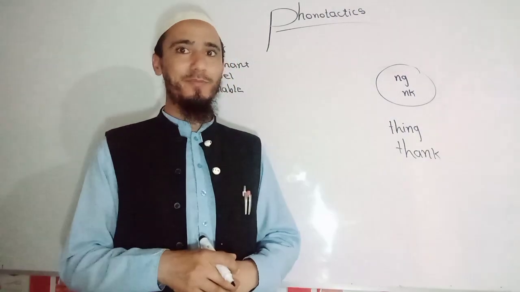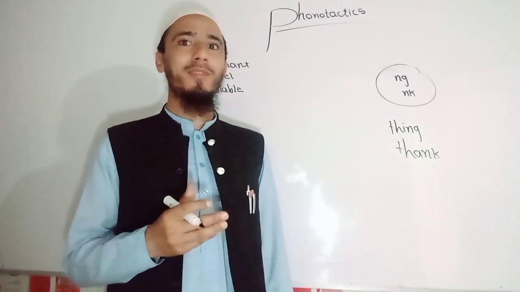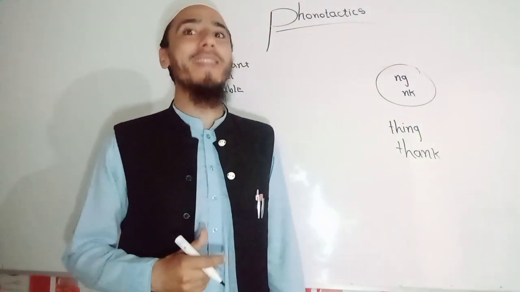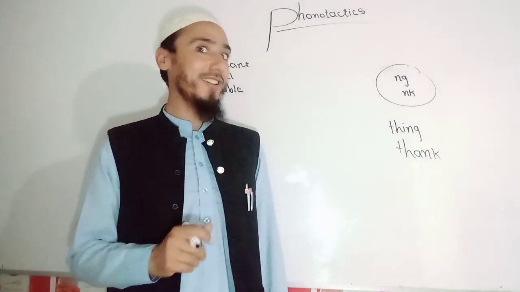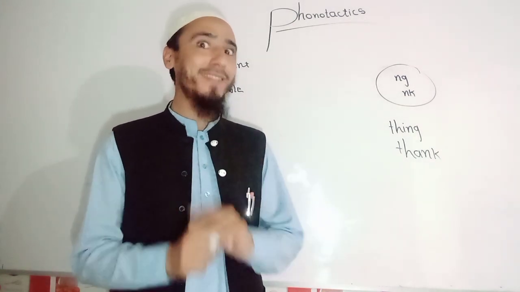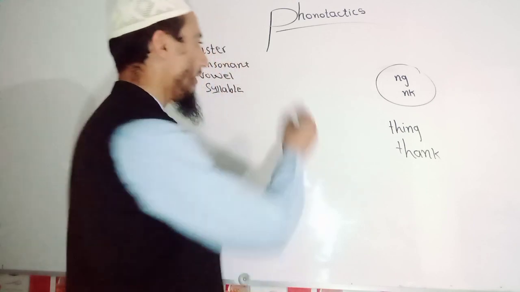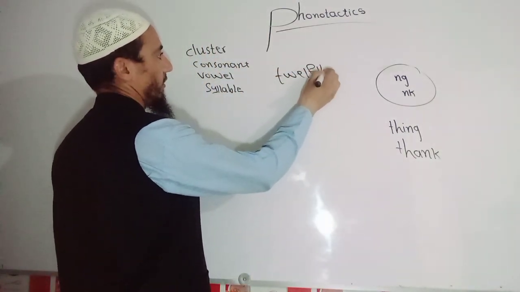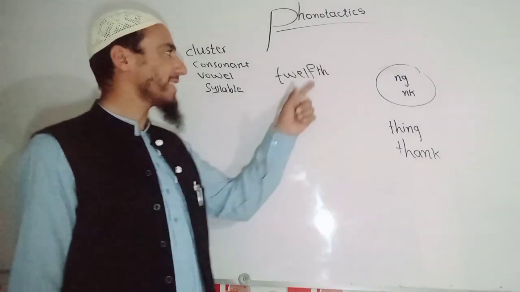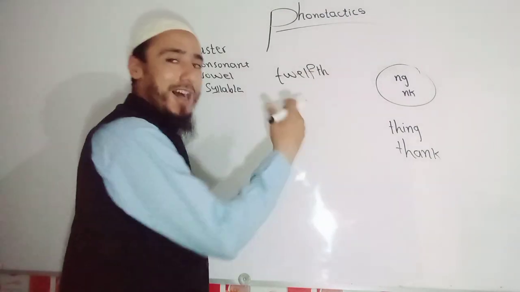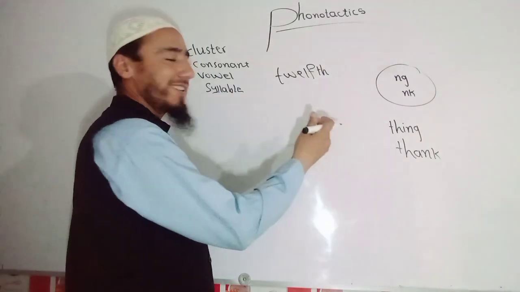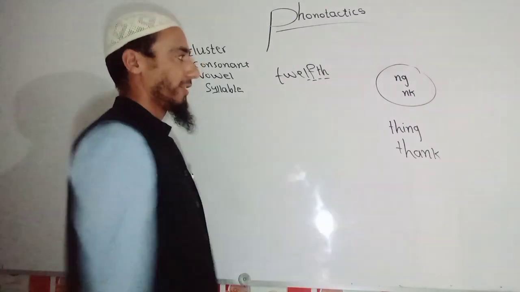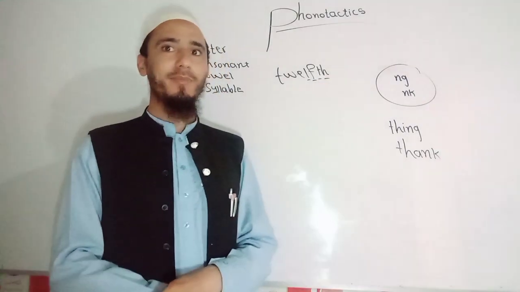This is also a question. So a maximum of 4 consonant sounds would be there in a cluster, not more than that. For example, take the example of 12. How many consonant sounds are there? 1, 2, 3, and 4. So, 4 sounds are there.